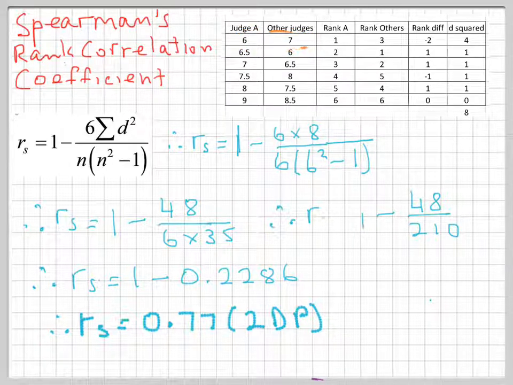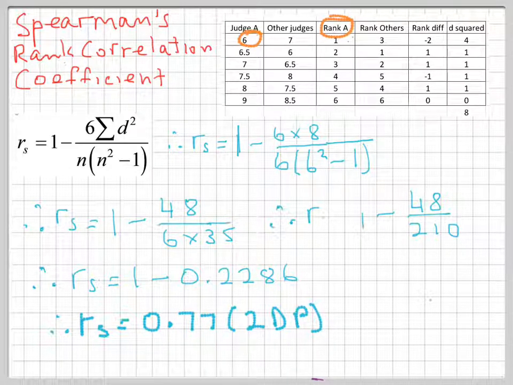Alright, so what we do to use Spearman's rank correlation coefficient is we rank the scores. So in this column here, rank A, what I've done is say what rank each score is. So the lowest score awarded by Judge A was 6, and that lowest score gets a rank of 1. We always rank from lowest to highest, not the other way around.